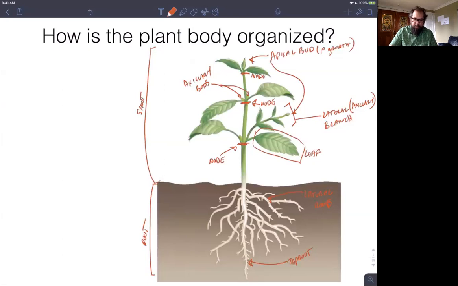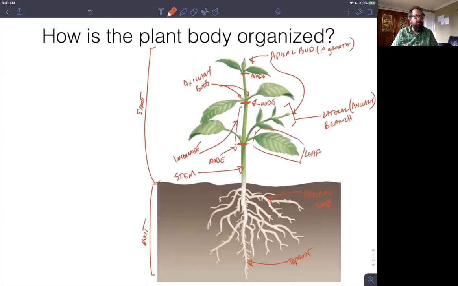And then the distance between those, the region between the nodes, is called an internode. And then, of course, the main above ground axis we refer to as the stem. I believe that's most of what I want to label on here.